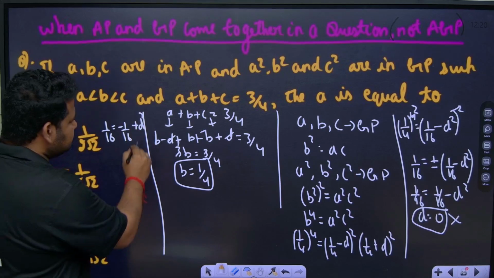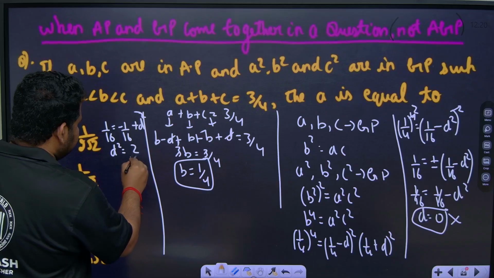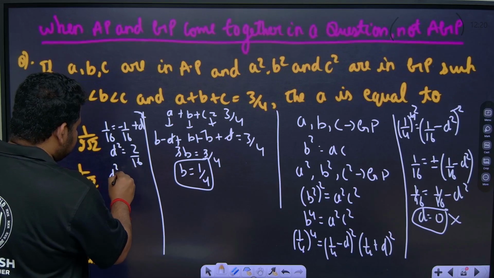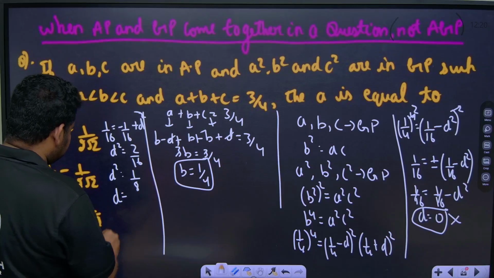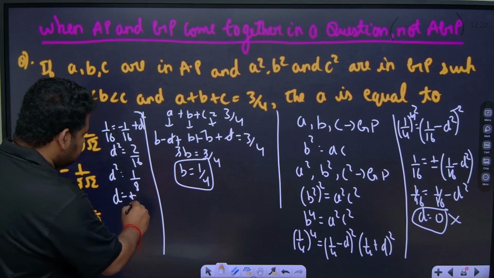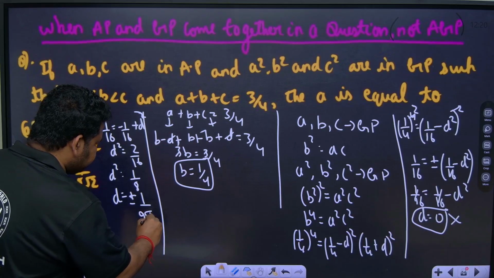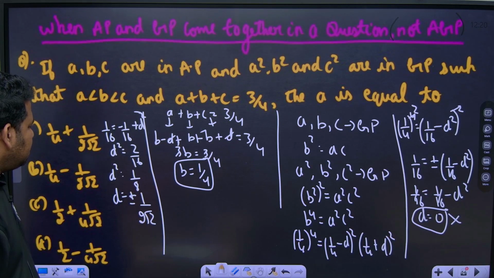Correct, plus D square. Now D square is equal to 2 by 16. So D square is equal to what? Root 2 by 1 by 8. Okay, D is equal to what? Plus or minus. Square root of 8 is 4 into 2. So it is 1 by 2 root 2. Now D is equal to plus or minus 1 by 2 root 2.